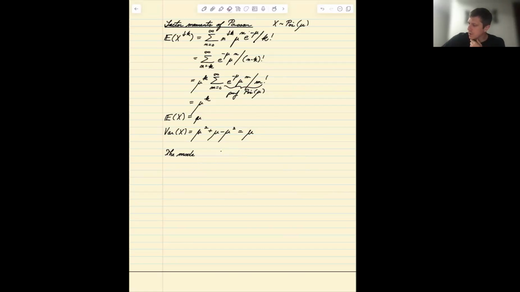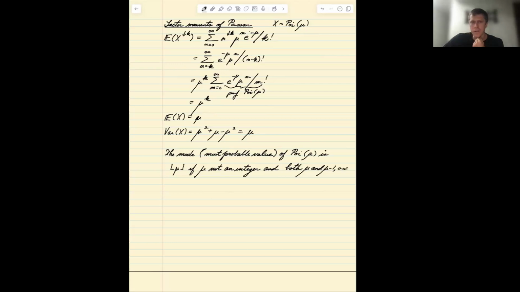The mode, the most probable value of the Poisson, is the largest integer smaller than mu, the floor of mu, if mu is not an integer. And it's both mu and mu minus 1 if mu is an integer.